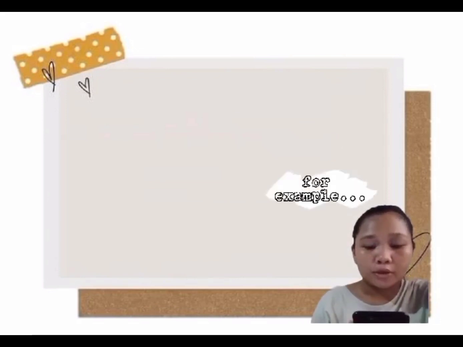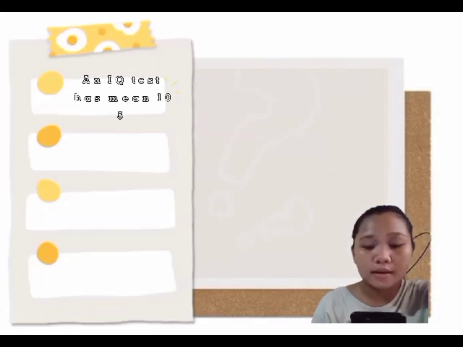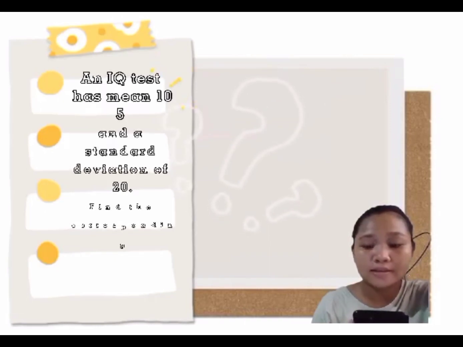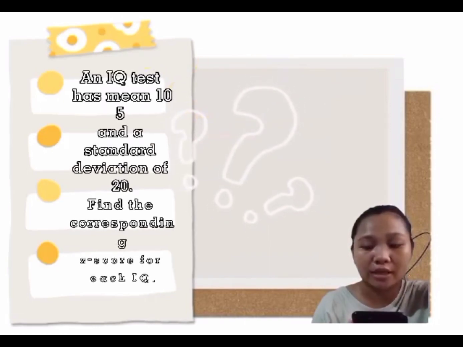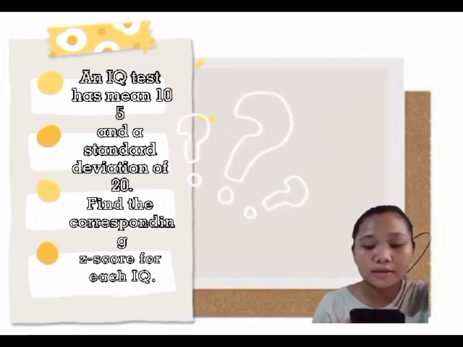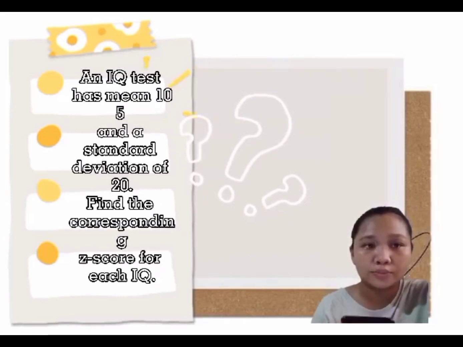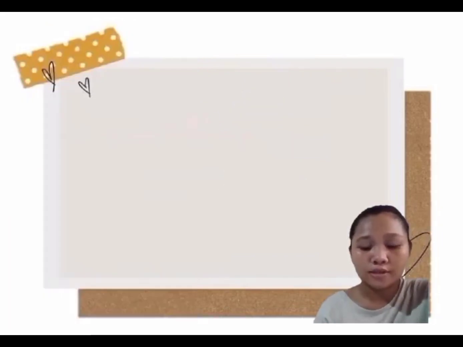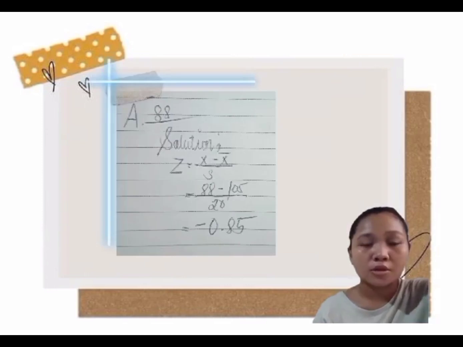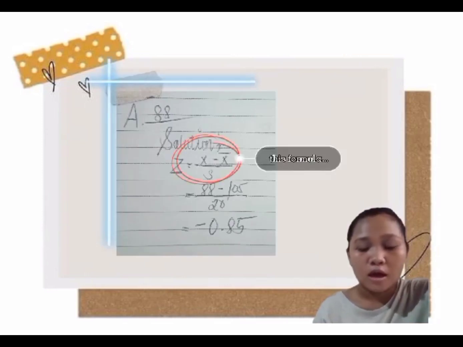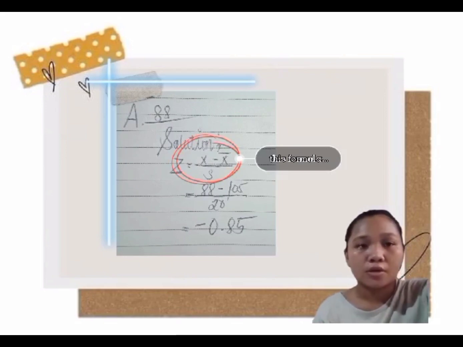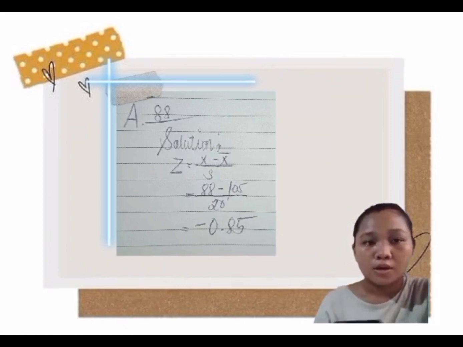For example, an IQ test has a mean of 105 and a standard deviation of 20. Find the corresponding z-score for each IQ. So first is the score of 88. Using this formula, value minus the mean over standard deviation, let's substitute.